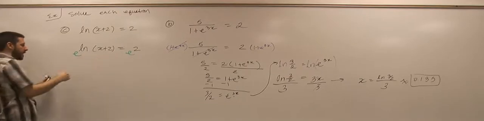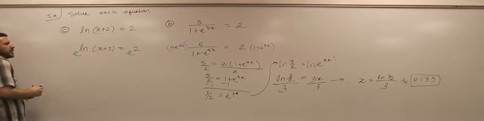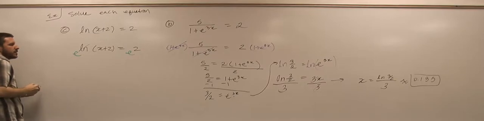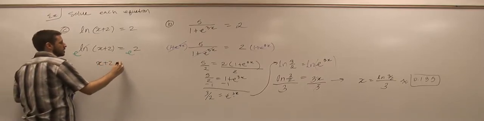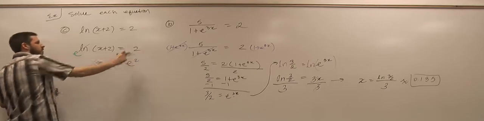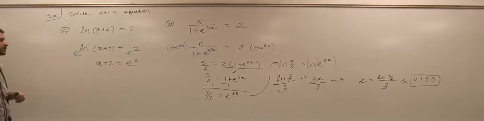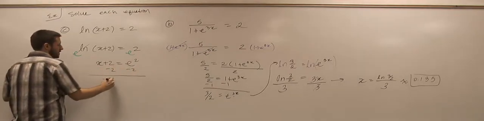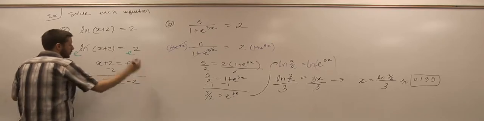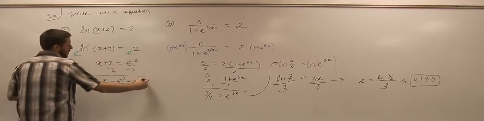As long as you do it to both sides, it's perfectly legit. These guys cancel. x plus 2 equals e squared. This is an exponent now; the 2 becomes an exponent. So then subtract the 2: x equals e squared minus 2, whatever that is.